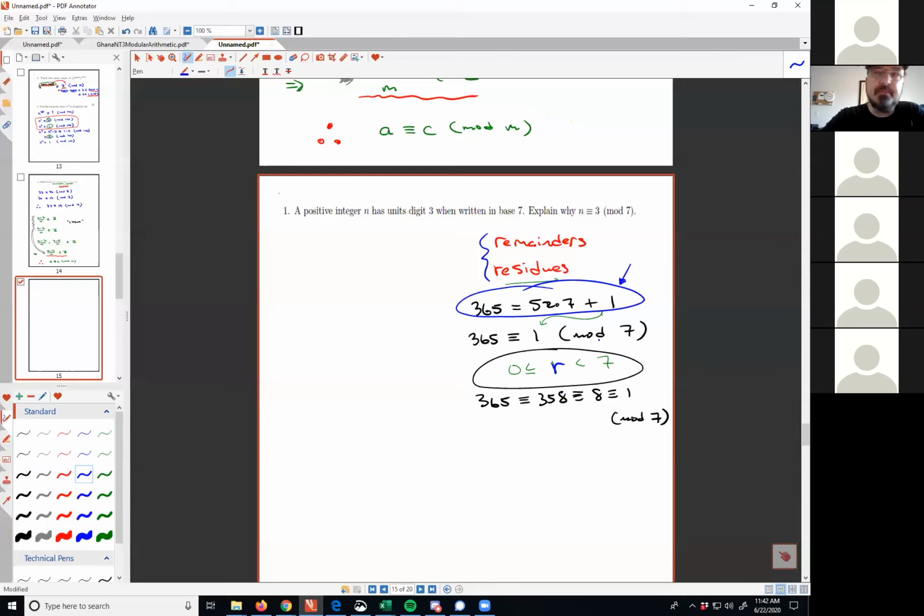So here in this problem, I want somebody to explain why the units digit of an integer written in base 7 is the same thing as its residue, modulo 7.